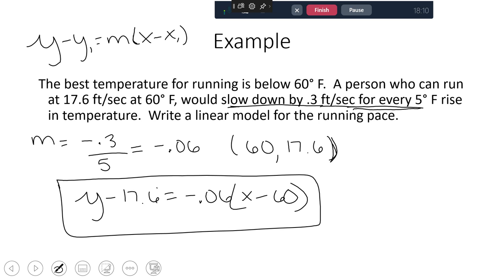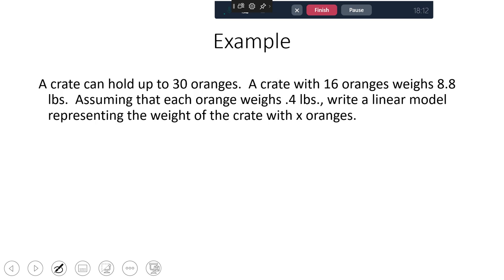All right, let's look at the next one. A crate can hold up to 30 oranges. A crate with 16 oranges weighs 8.8 pounds. Okay, so they give us two pieces of information. So that's going to be an ordered pair. Okay?